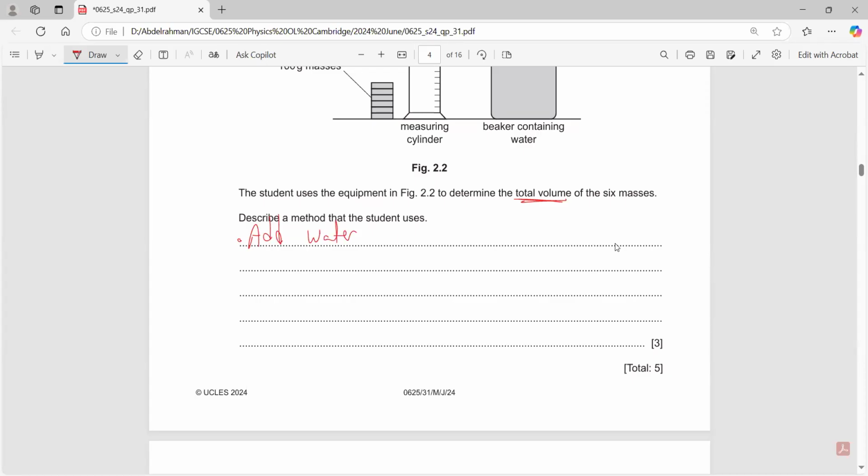Add some water to the measuring cylinder and take the reading. We will call it V1.